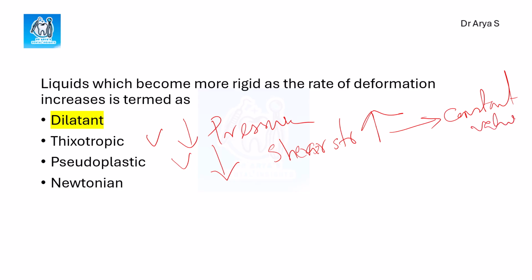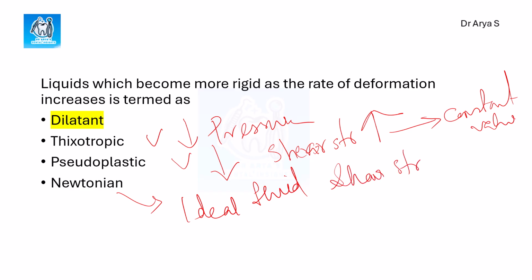Then the Newtonian fluid, it is ideal fluid. Here the shear stress is proportional to strain rate. Okay. And then finally the viscoelastic.